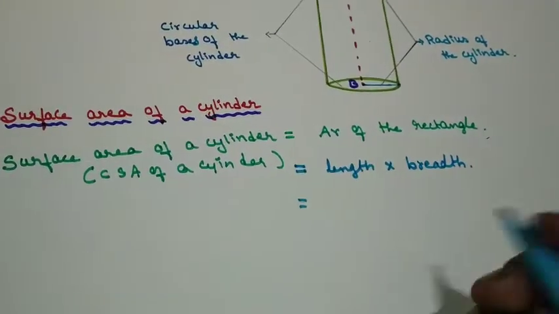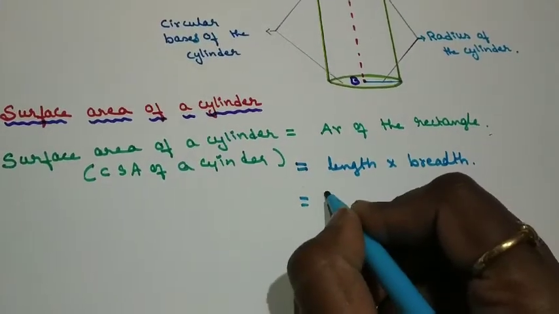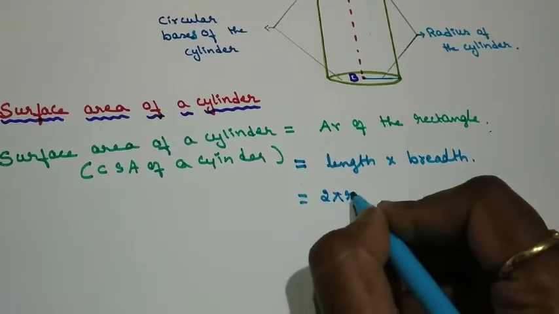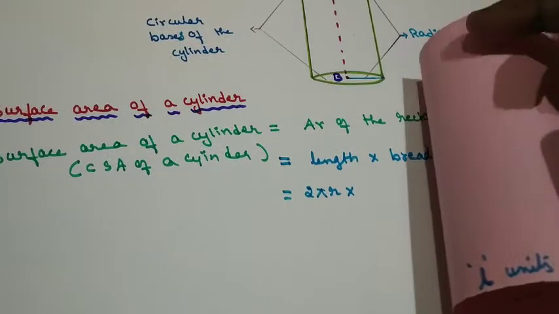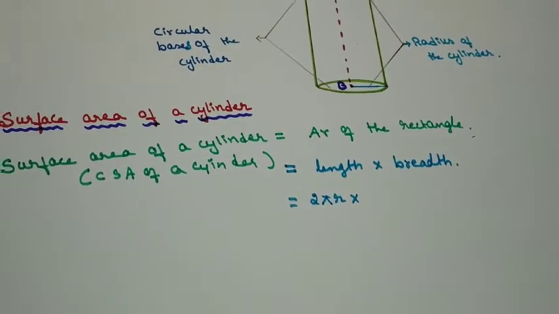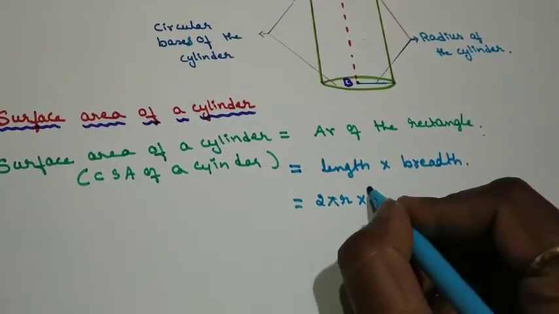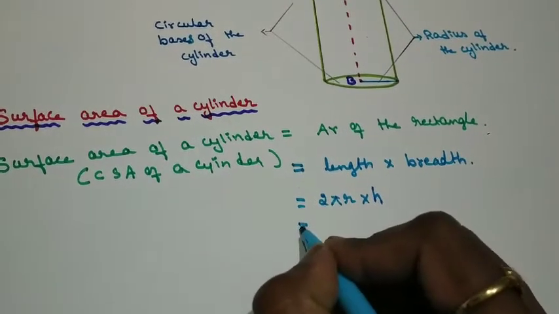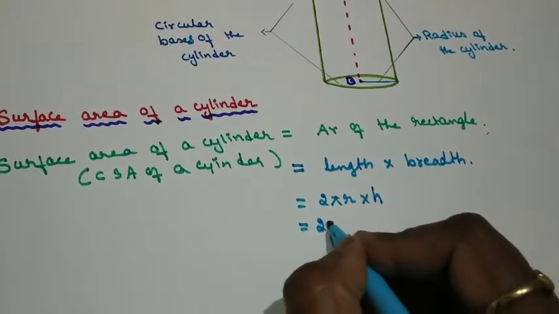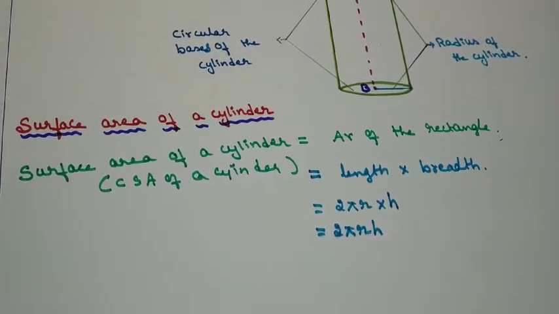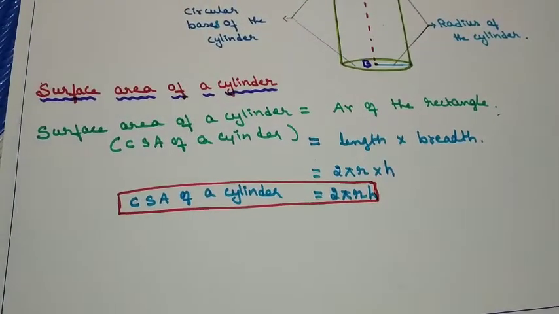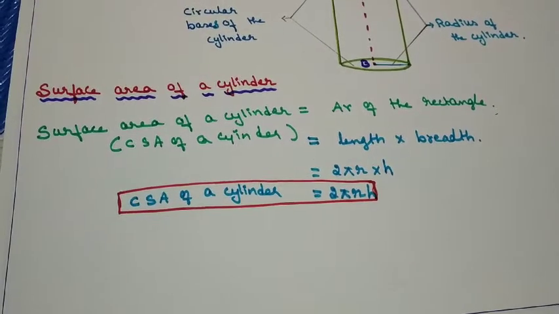What is the circumference of a circle? It is 2 pi r, into the breadth, which has become the height of the cylinder, therefore taken as h. Then the full formula is 2 pi r h. So the CSA of a cylinder is 2 pi r h.